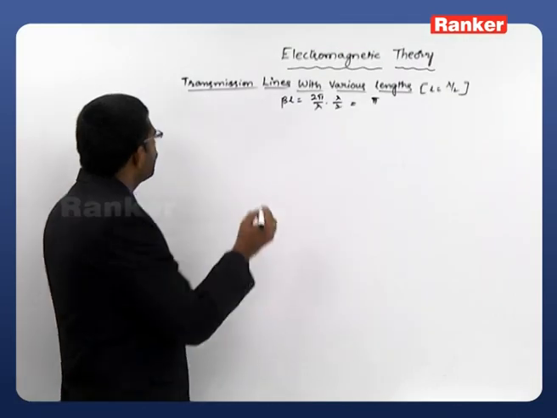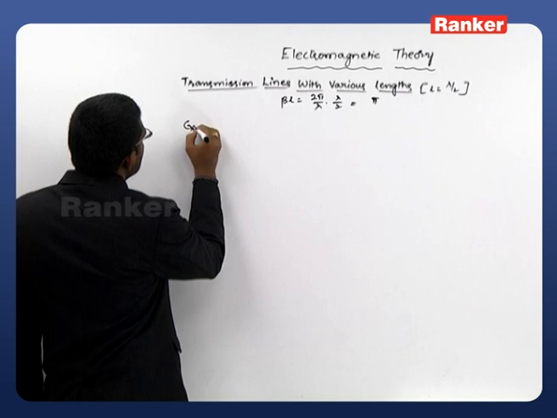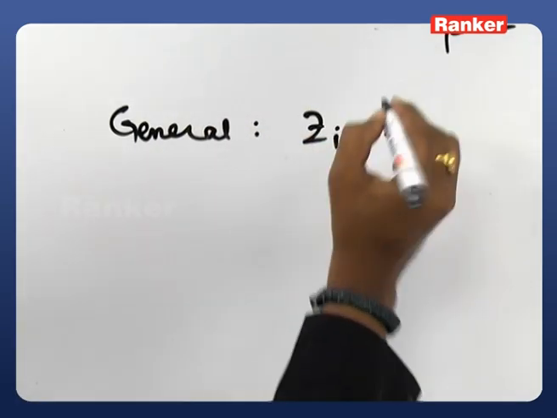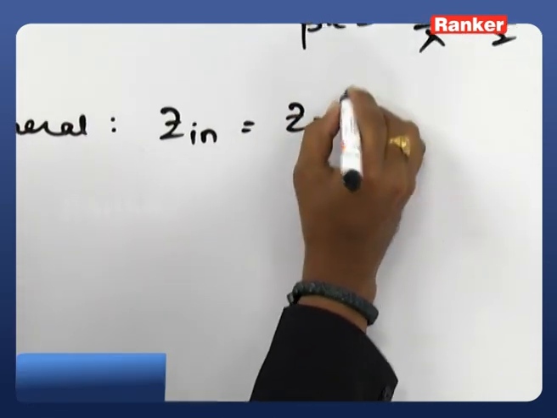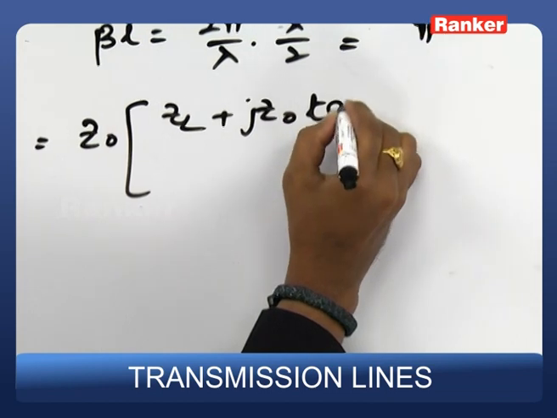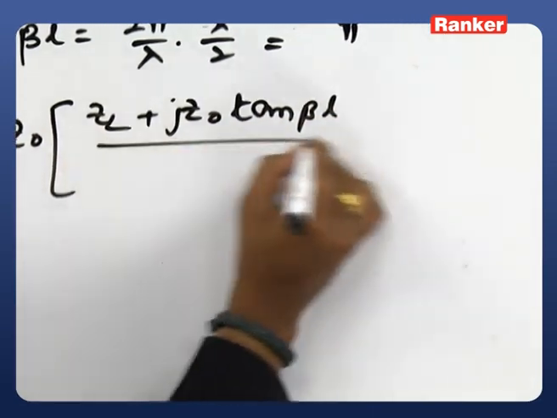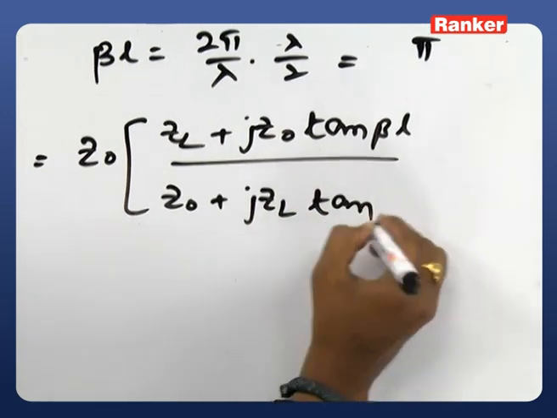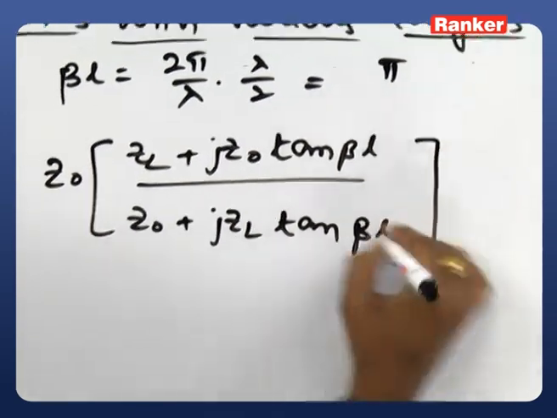Initially, I will observe that for a general line. For a general line, what is the transmission line input impedance? Zin is equal to Z0 into ZL plus jZ0 tan beta L divided by Z0 plus jZL tan beta L.